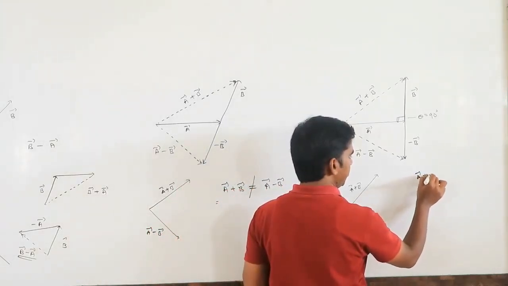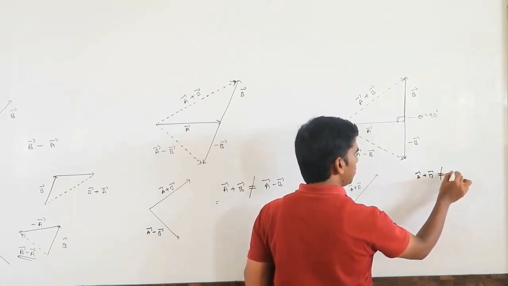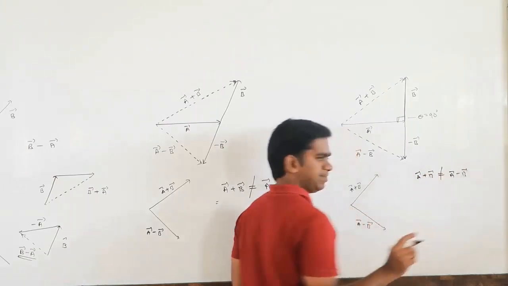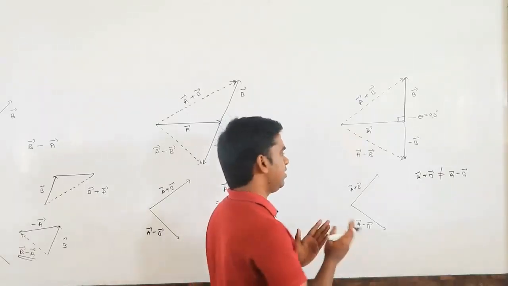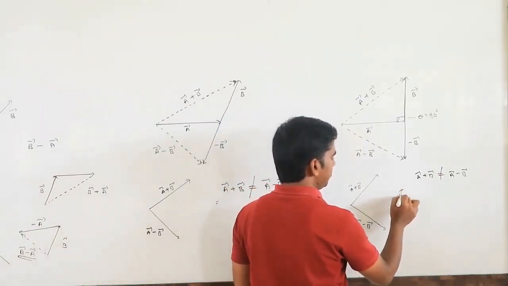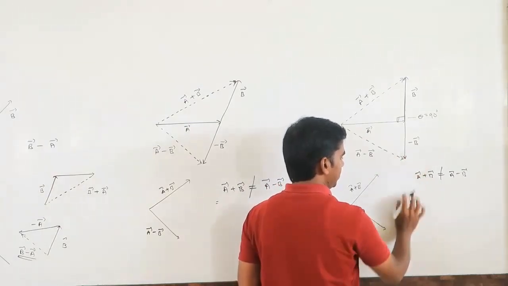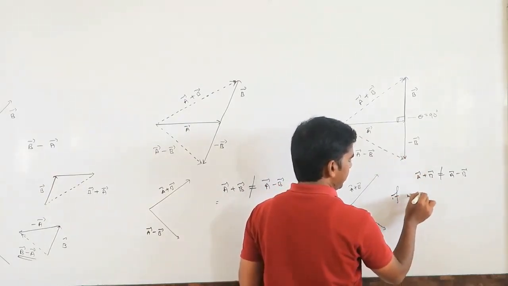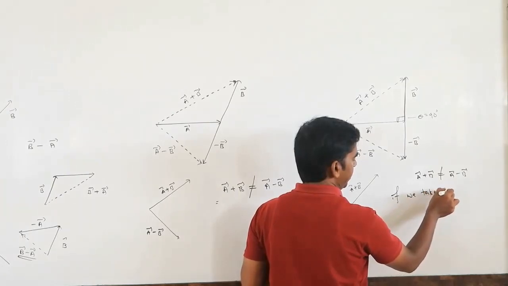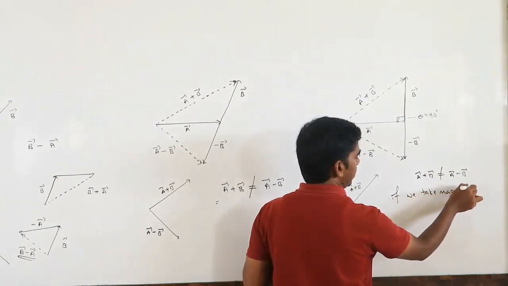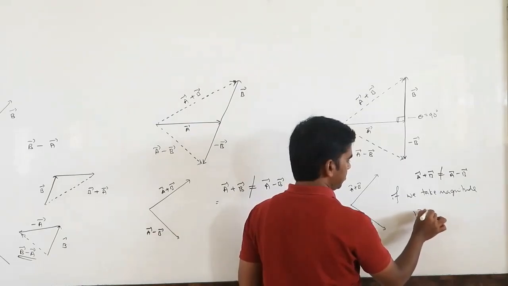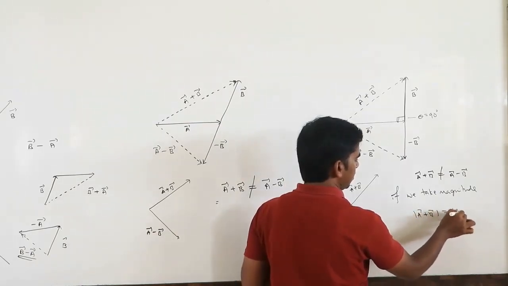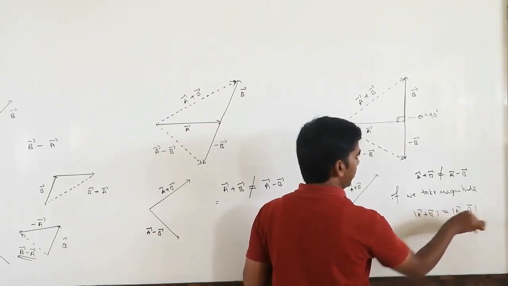What we can say is a plus b is not equal to vector a minus b. But if we consider only magnitude, the magnitude of vector a plus b is equal to the magnitude of vector a minus b.